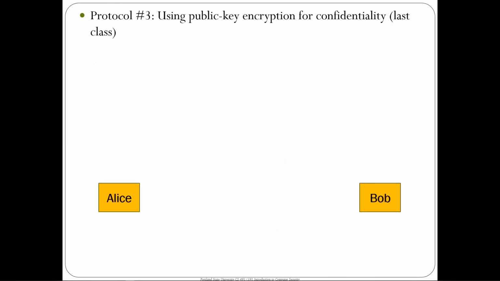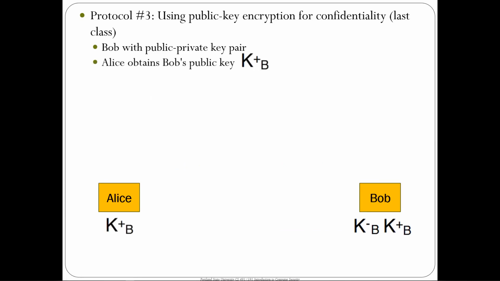this can also be done with public key cryptography with asymmetric keys. This is what we had last class. This is that PGP thing that we had talked about. So Bob has a public private key pair. The private key is K minus, and the public key is K plus. And the most basic way of doing public key encryption is for Alice to get that public key of Bob.